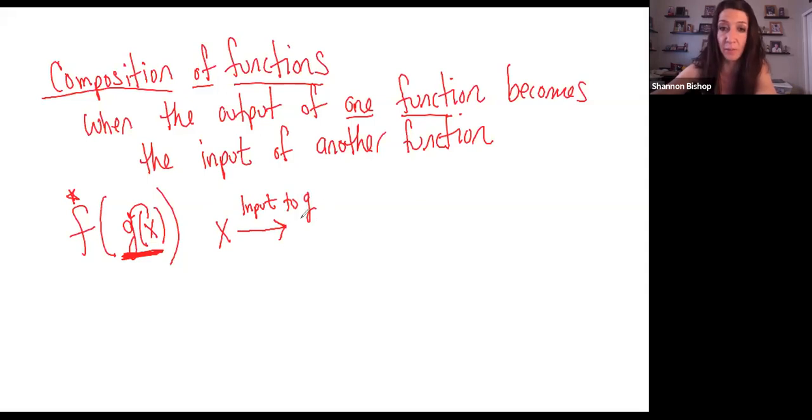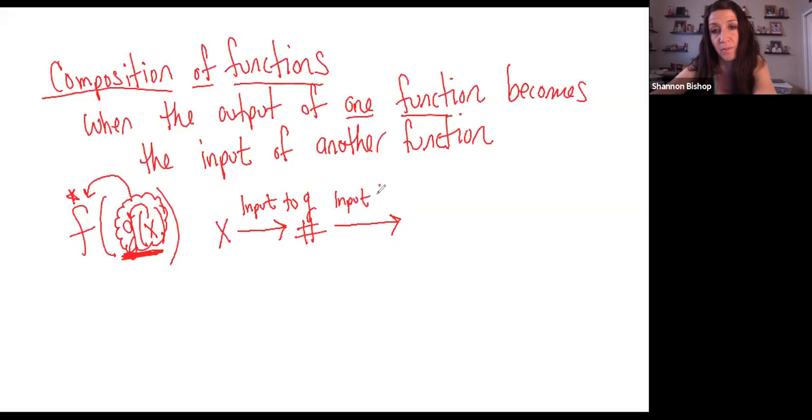Then you get whatever answer you get, and that number becomes the new input to the function named f. Whatever you get out of that is your final answer. So you work the notation from the inside out.